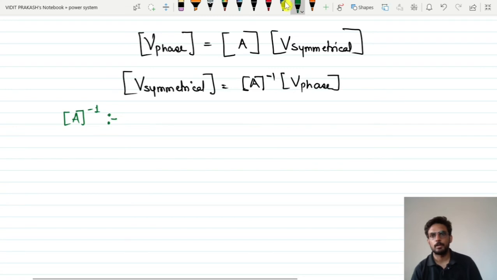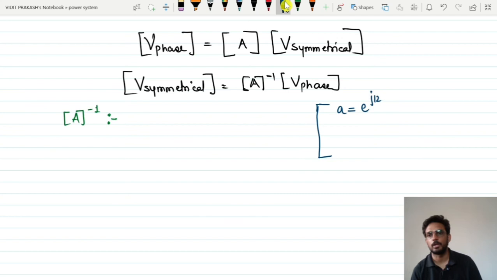Before I tell you how to find this A inverse, you just keep in mind that A is e to the power j120. Okay, A is the operator which is e to the power j120, which can be written as e to the power j minus 240. Or we can write, what is e to the power j240?